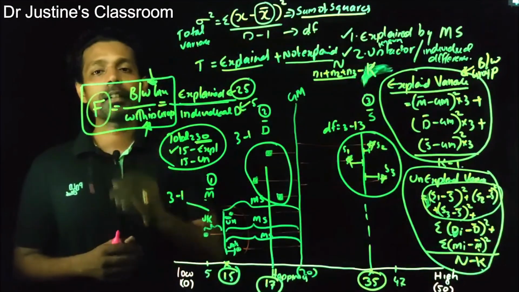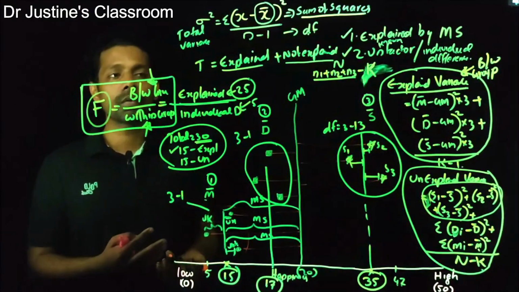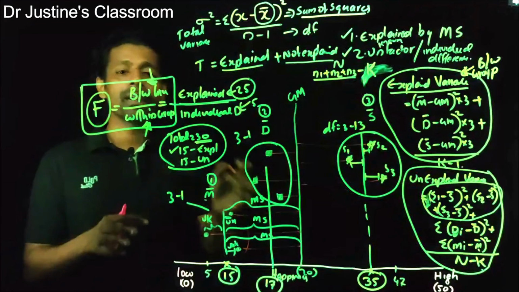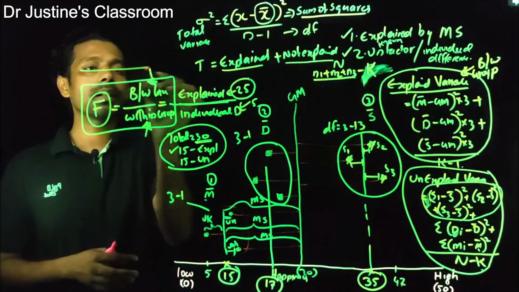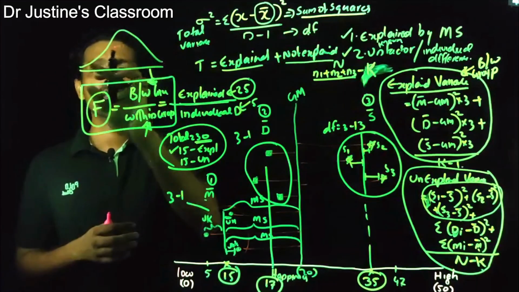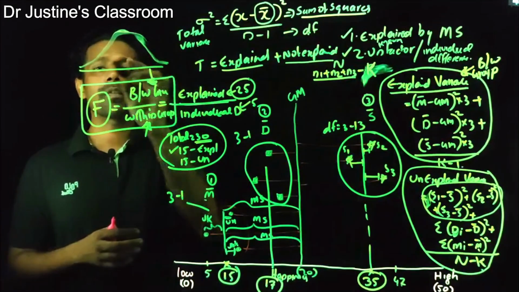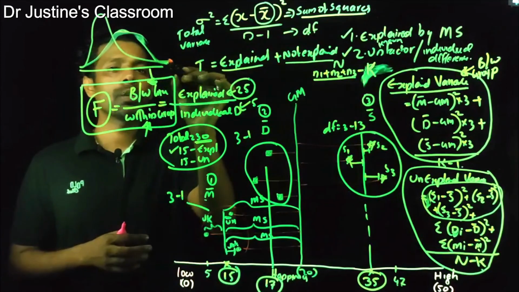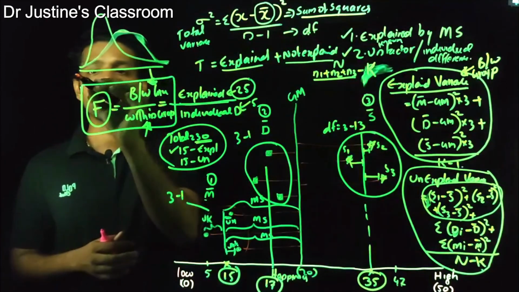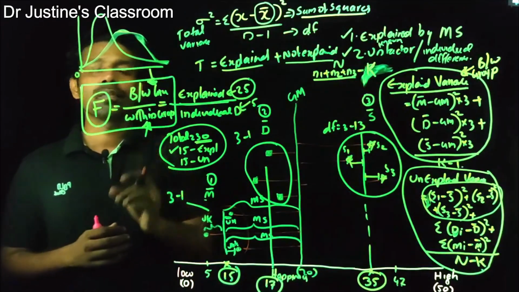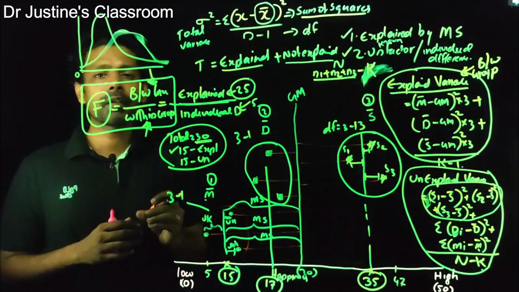F is a distribution score, like the T distribution. So we draw the F distribution. F distribution is basically positively skewed data starting from 0, unlike the T distribution, which is more like a leptokurtic curve, not skewed.